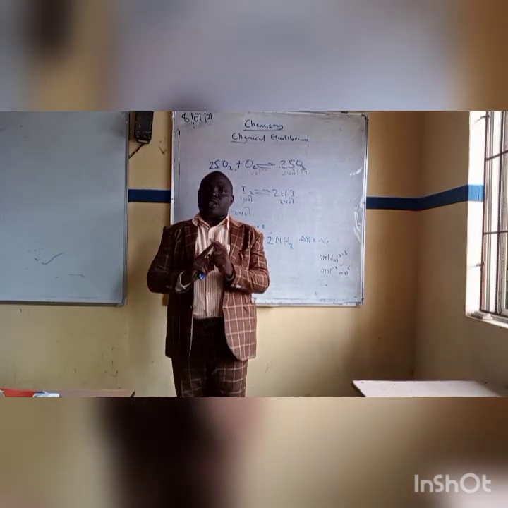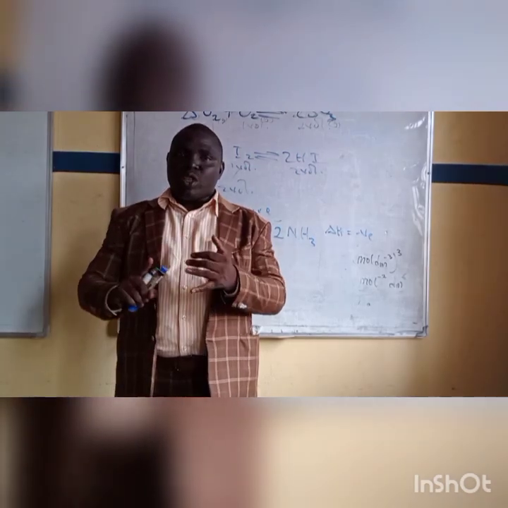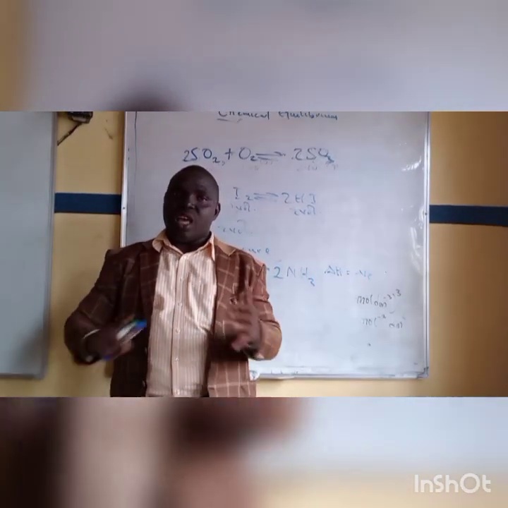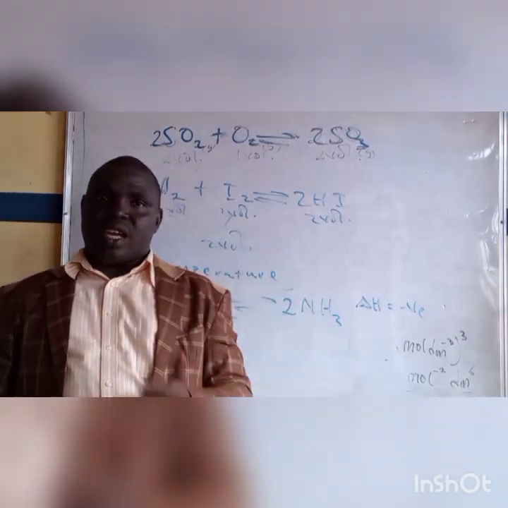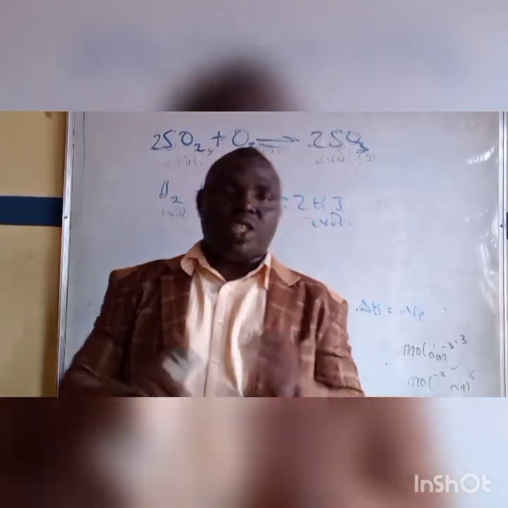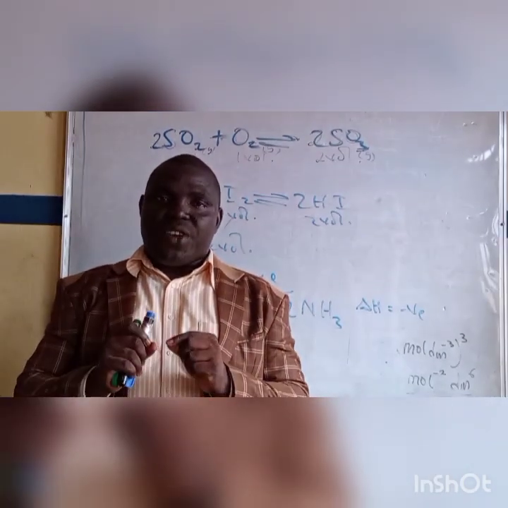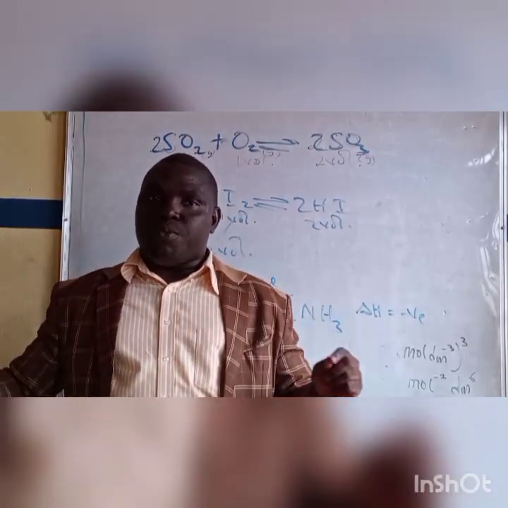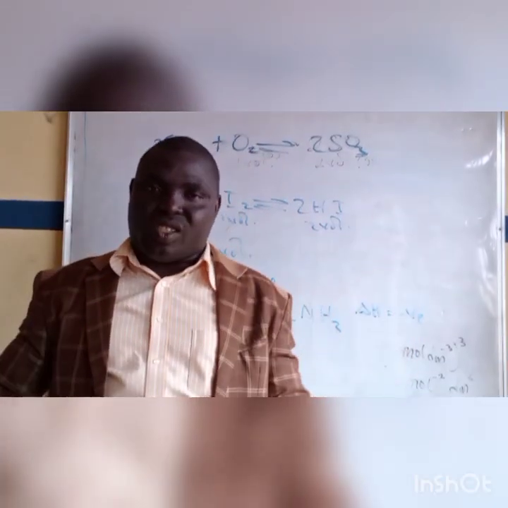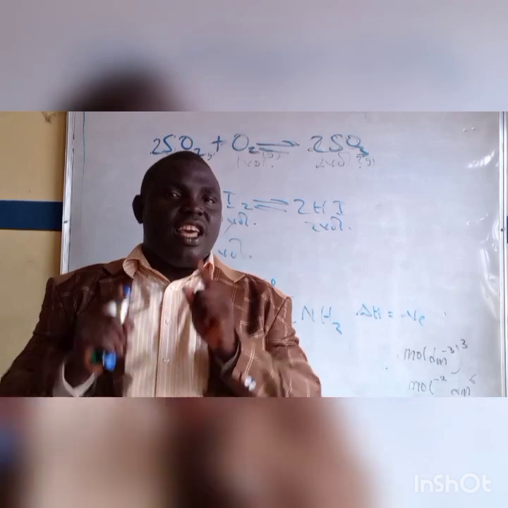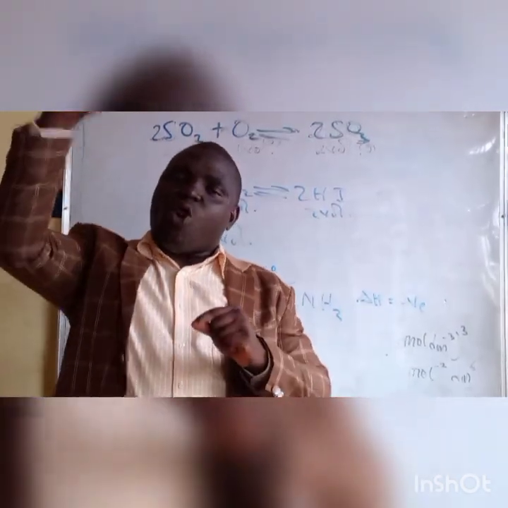If we were talking about factors that affect reaction, we would have mentioned catalyst, we would have mentioned surface area, we would have mentioned light, maybe nature of reactant, which is like surface area. But now we are not mentioning all of those things because catalyst does not affect reaction in equilibrium. Catalyst can only affect the rate of attainment. Please, do you understand that? It does not affect the equilibrium reaction, but it can affect the rate of attainment.